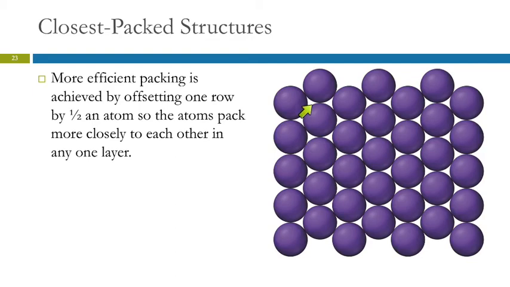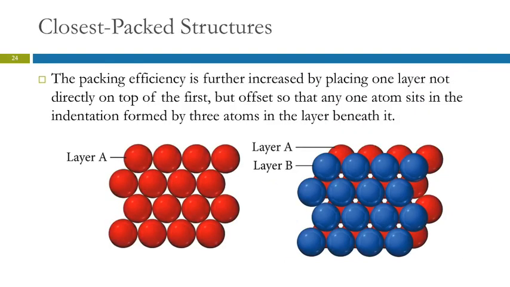So this row is offset by half of an atom, and then this one lines up with the first, and this one's offset by half, and that one lines up. So then we can look at taking layers like that and stacking them. So we've got that layer A, so that's increased the efficiency.